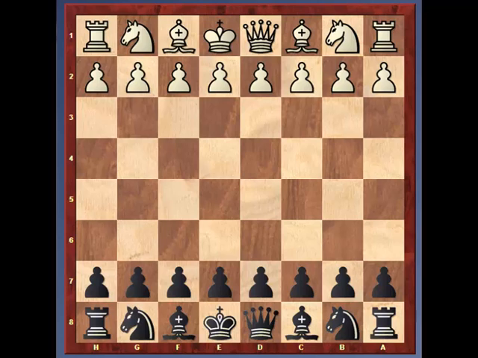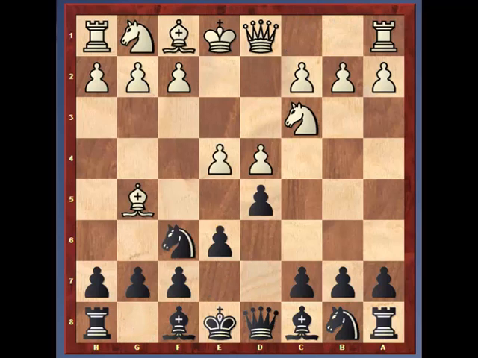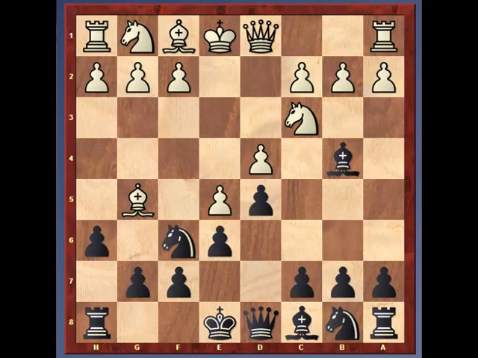This is the Bronstein variation of the McCutcheon. Or the Janowski. I guess that was the Dr. Holland or the Dutch. This is the Janowski.